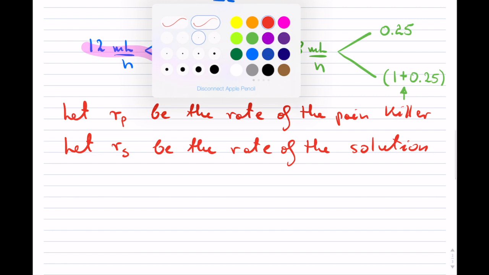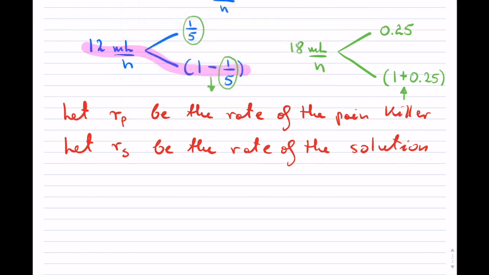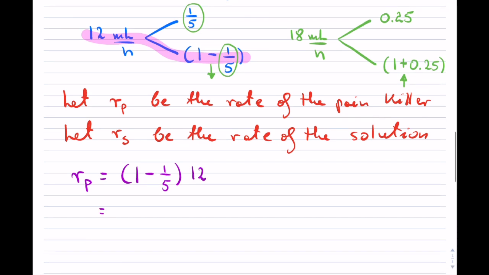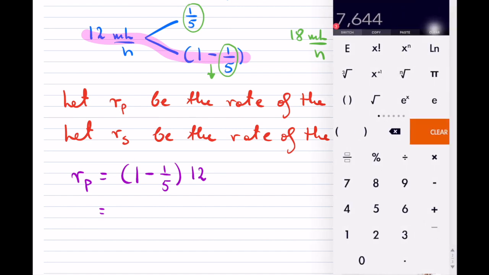So now solving this, I have RP is equal to, so notice that I will just simply follow the path. I have 100% minus a fifth. 100% is just 1, and that's supposed to be times 12. So I can solve for that.